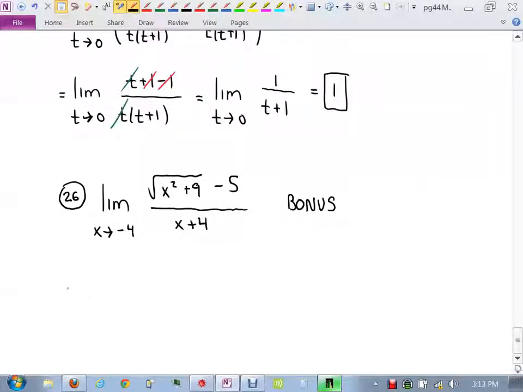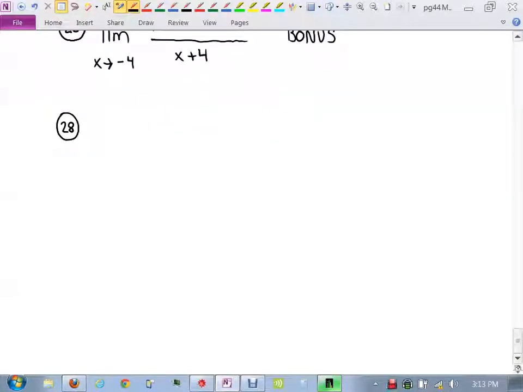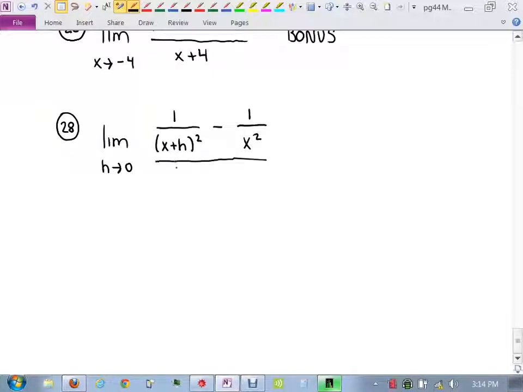Okay, 28. Limit h goes to 0 of 1 over x plus h squared minus 1 over x squared, all over h.